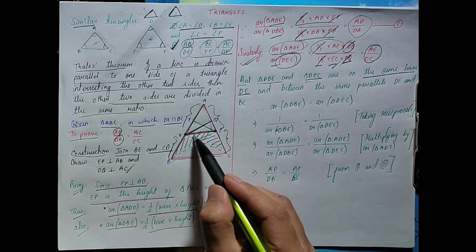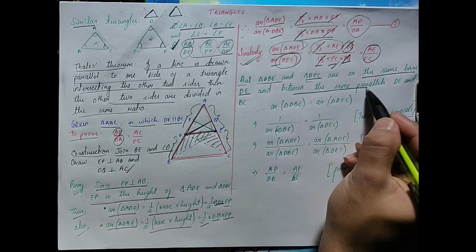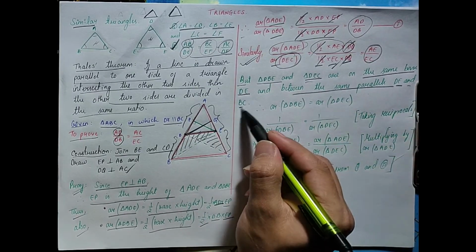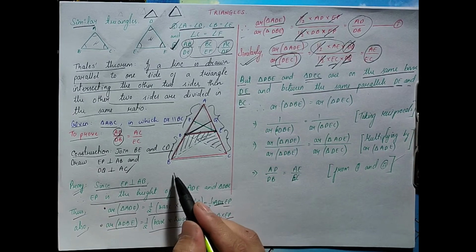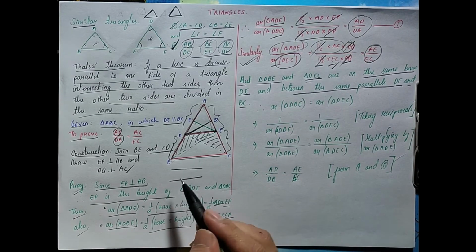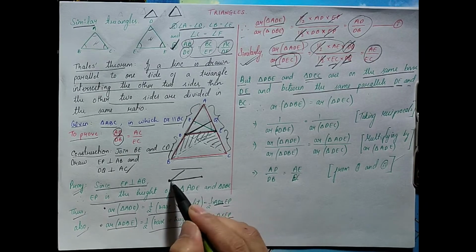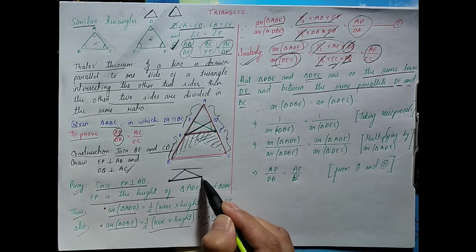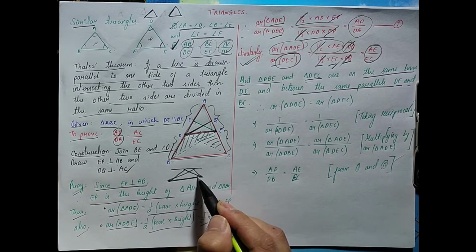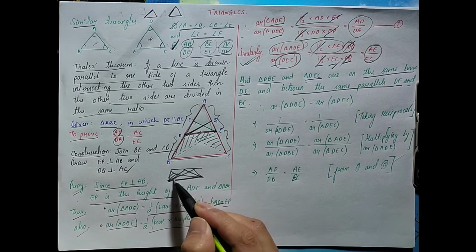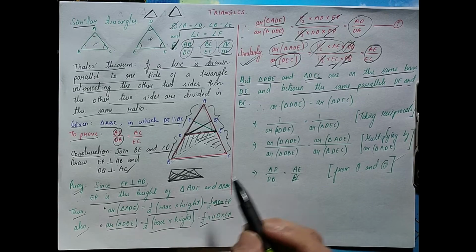They are on the same base DE and between the same parallel lines DE and BC. So this is one property: if you have two parallel lines and you draw two triangles with the same base, then no matter where you draw the two triangles, their area will always be the same.